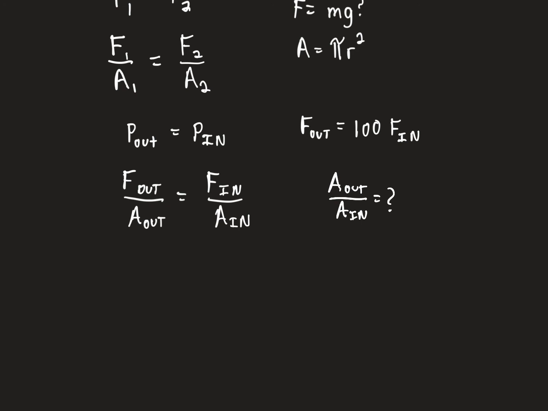What should I do? F out is 100 times F in, so I can plug that in. 100 F in over A out equals F in over A in. Okay, what can I do now?